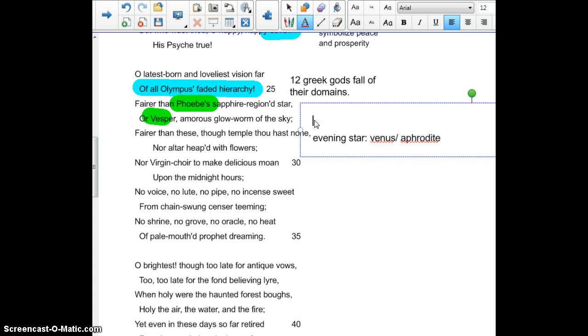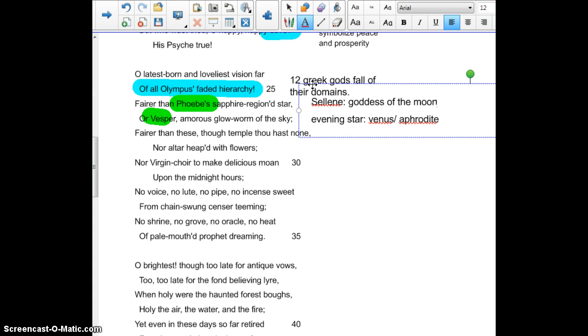Then we said Phoebe is Queen, goddess of the moon. I'll just stick that right up there.